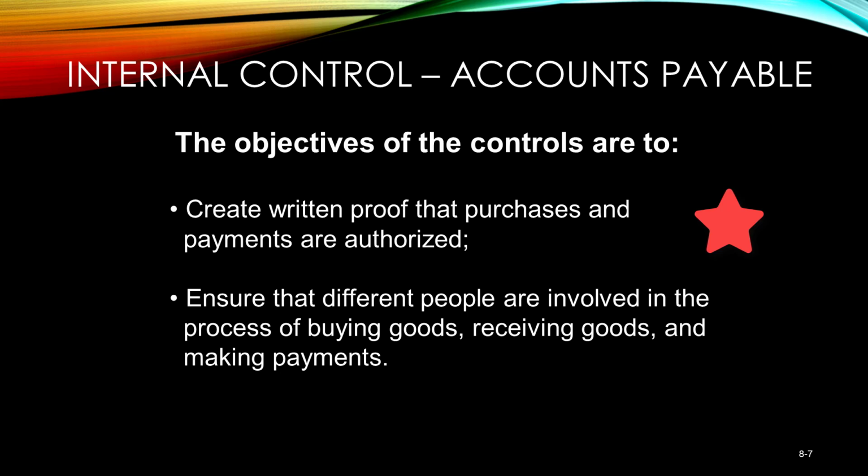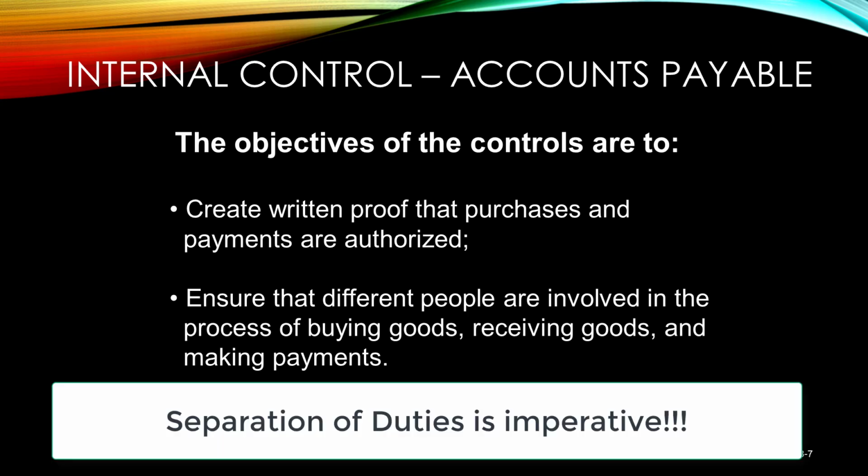A company needs to create written proof that purchases and payments are authorized by the appropriate level, and they want to ensure that different people are involved in the process of buying the goods, receiving the goods, recording the journal entries, and making payments. We call this separation of duties.